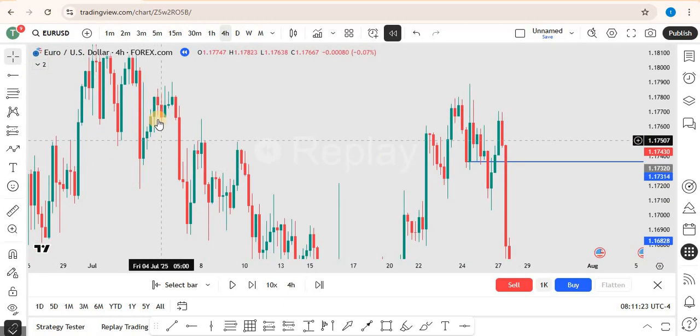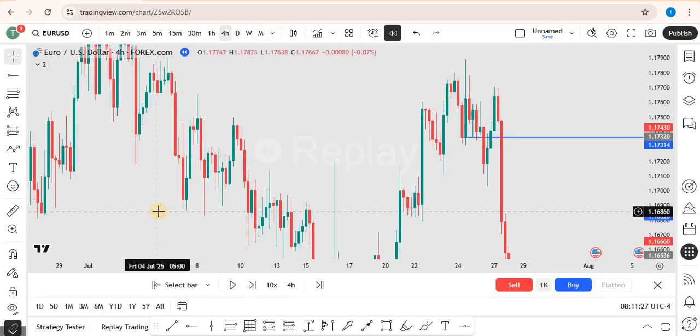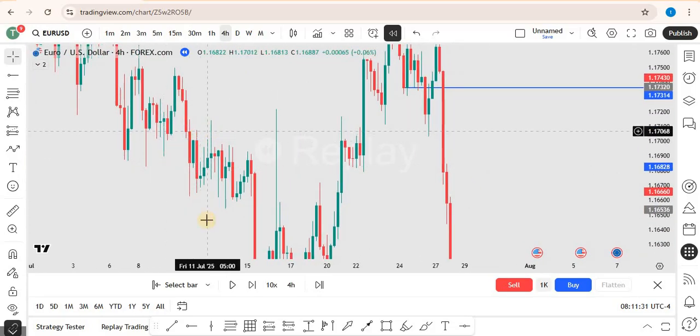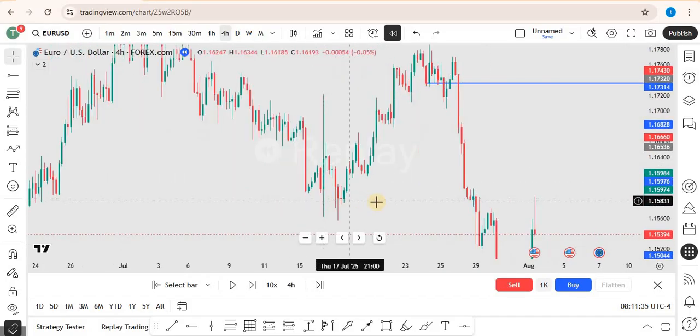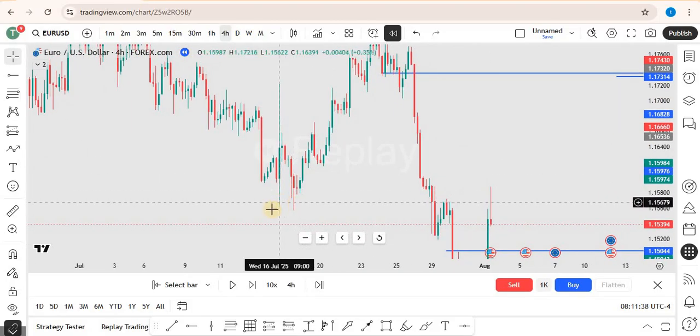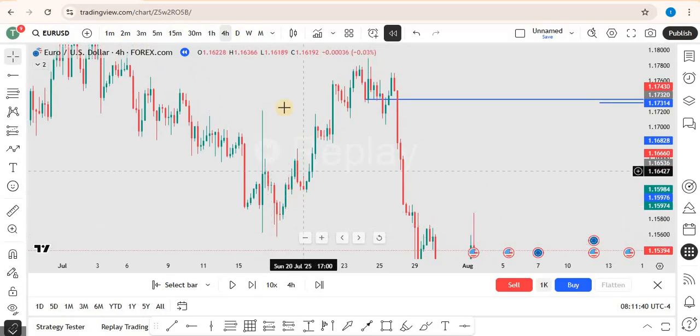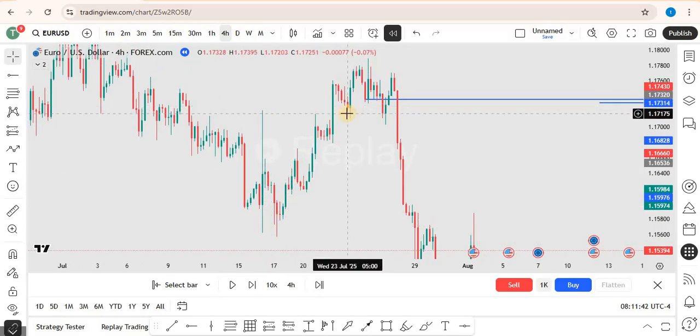In the trend, sweep, boom, sweep, boom. News candle low, news candle high. So in this strategy, basically you mostly have to wait only.